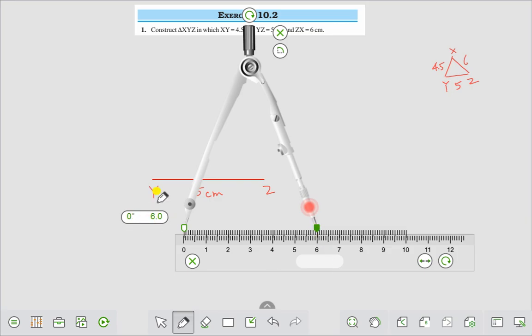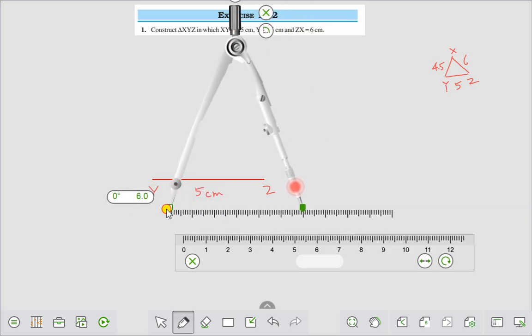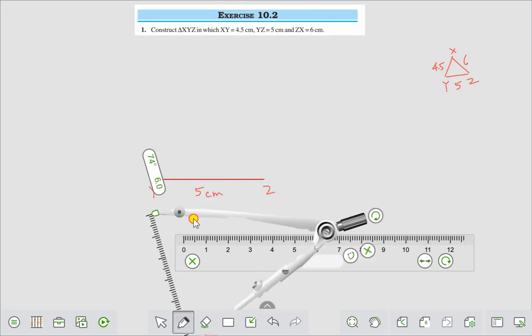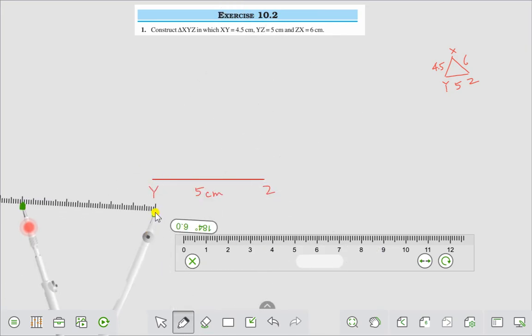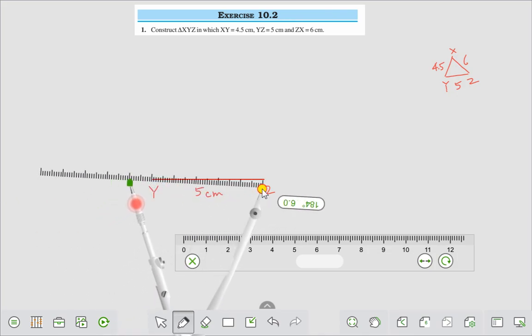Here you see, this is exactly 6 centimeter. Now putting this pointer at the point Z, we draw an arc here.